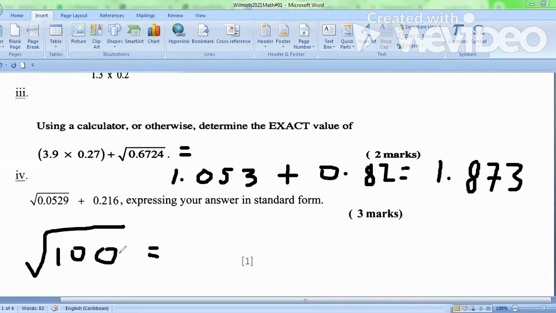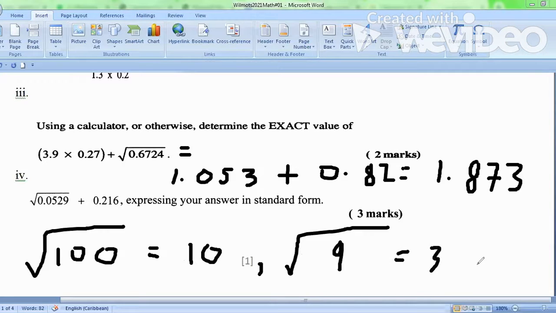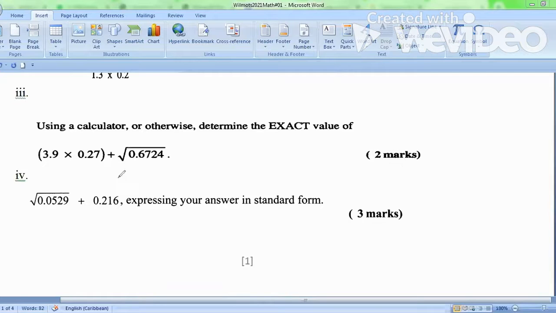So manually, root 100 is 10. Why 10? Because 10 times 10 gives back 100. Root 9 is 3 because 3 times 3 gives you back 9. To do this manually is going to be difficult when you have decimals. So we use a calculator. That's why it says use a calculator.